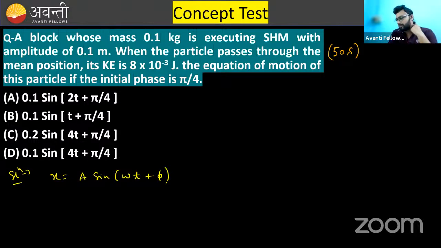This is the general form of the equation. So what is phi? Phi is the initial phase, and initial phase is given as pi by 4. So phi is given. Amplitude is also given. Everything is given here. What you need to calculate is omega only. If you can calculate omega, you will get the answer.